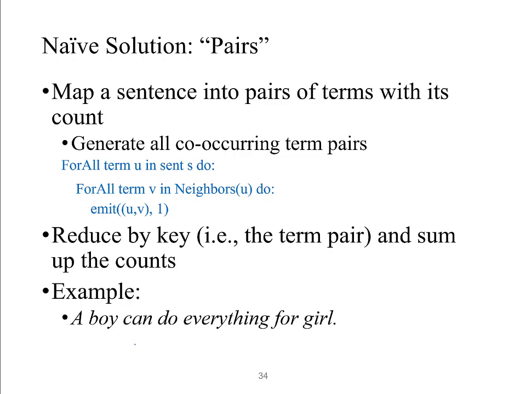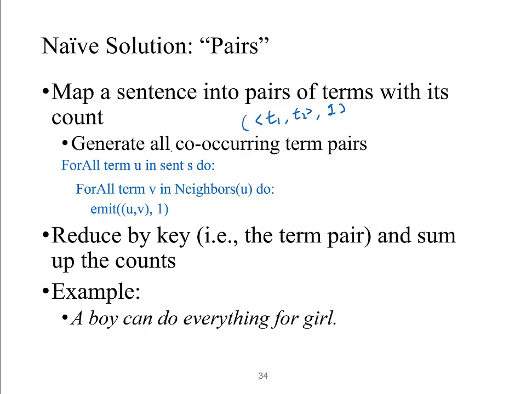For map, you get a pair of terms, because what we want is the co-occurrence of terms. So you get term 1 and term 2, and this is the key and the count would be 1, right? So for map, you output such information.